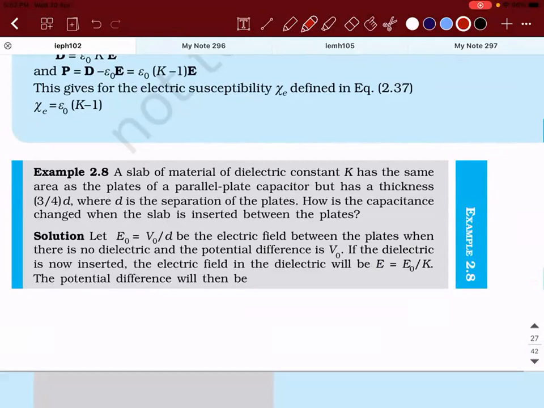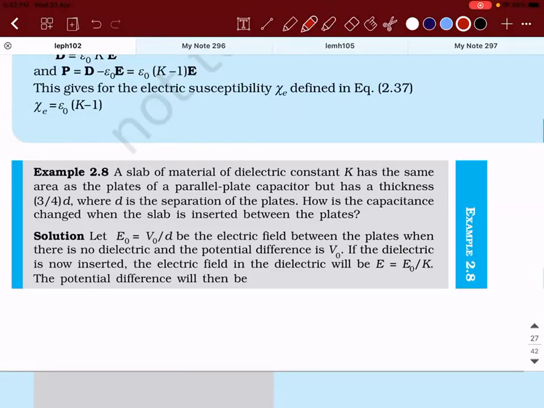There is a slab of material of dielectric constant kappa that has the same area as the plates of a parallel plate capacitor, but has a thickness of 3 by 4 times D, where D is the separation of the plates.